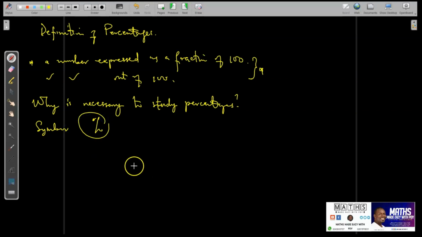That's the symbol. And hence, if I write A with the sign attached to it, we say it is known as A%. That's the symbol. And therefore, it means that this A% can be expressed as A out of 100.